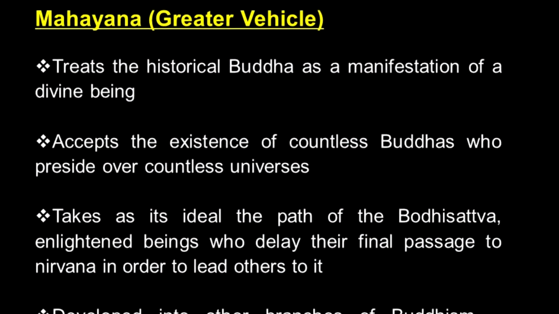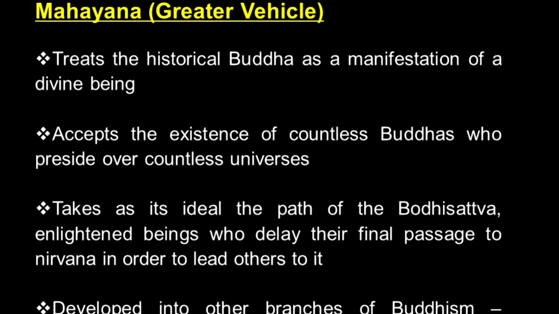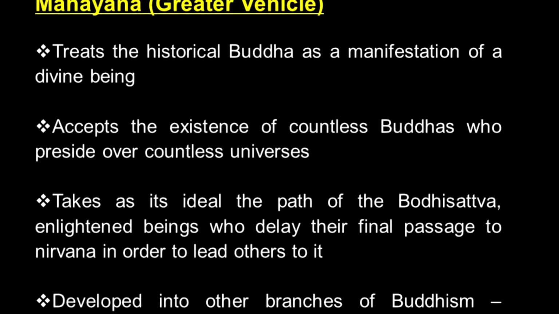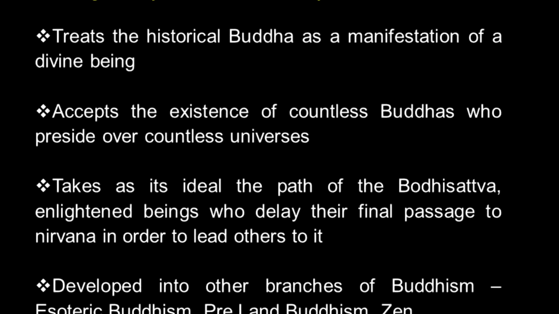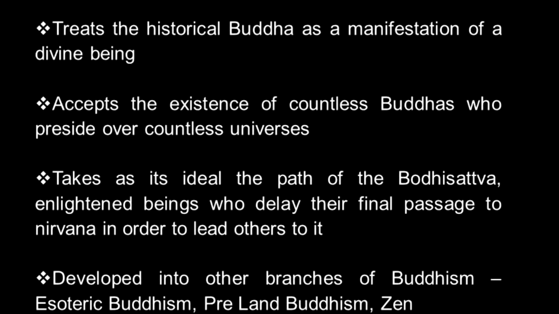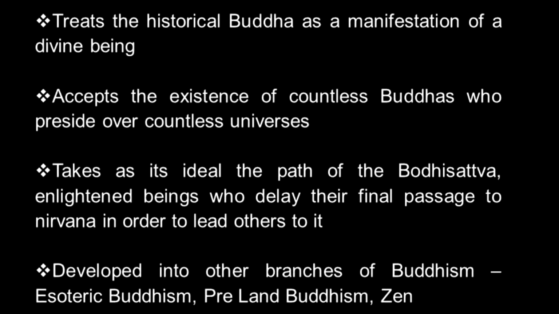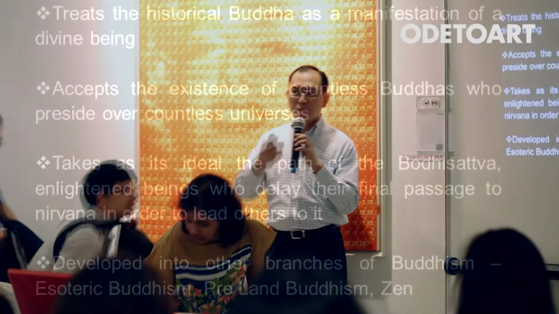So now, to understand how the Buddha image developed, it just didn't happen overnight. It was in response to certain developments in Buddhism. What happened was that the Buddhist religion began to split.